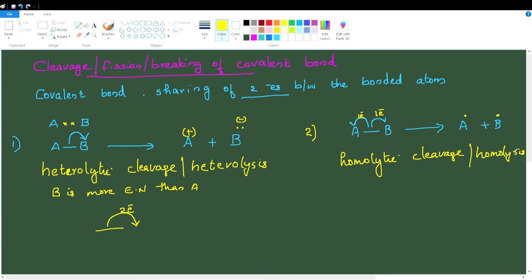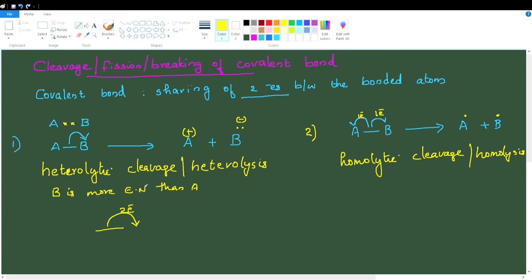So what is homolysis? In homolysis, each of the bonded atoms gets one electron of the shared pair of electrons. Here A and B get one electron each. Single electron species are obtained as the product in homolysis.